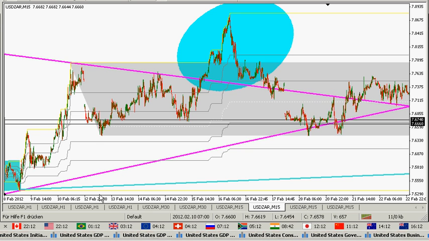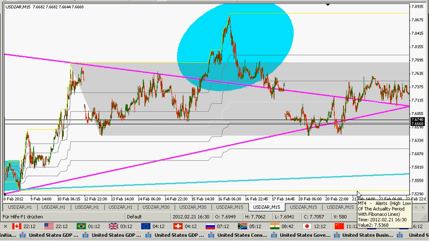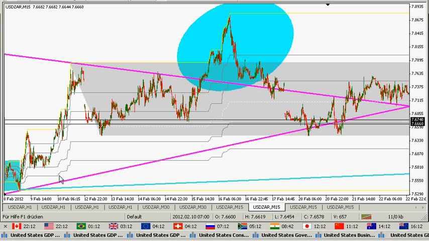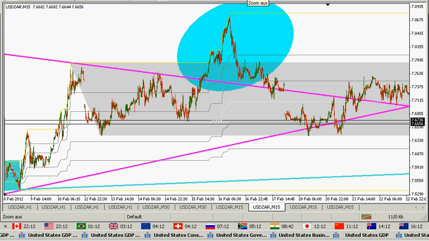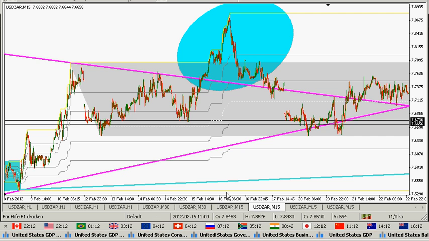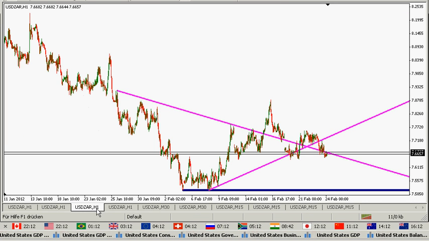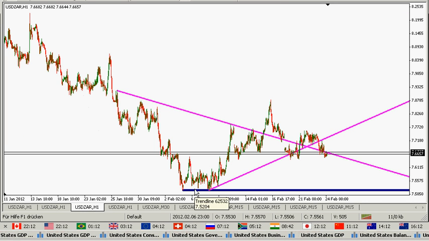Here the lows are roundabout 753, so a little bit above. This line is at 752, so a little bit above.